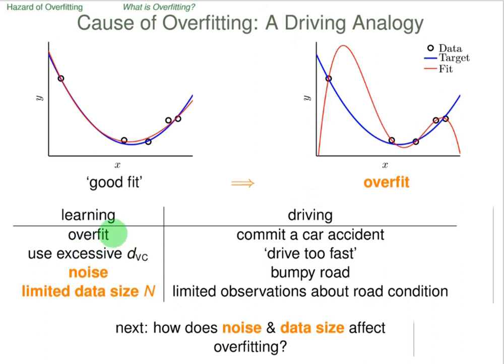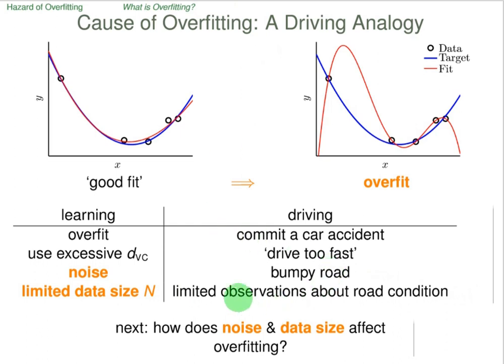Some other causes of overfitting are noise and the limited data size that we have for selecting our hypothesis, which can be related to driving on a bumpy road, a noisy road. And limited data size is similar to limited observation about the road conditions.